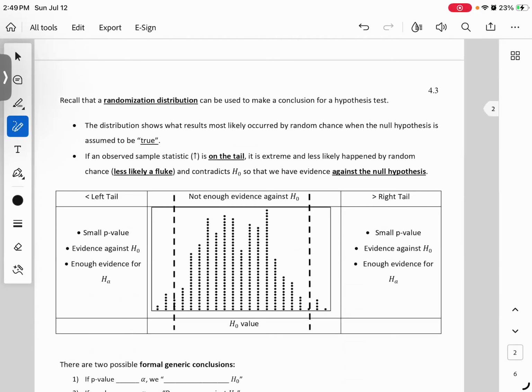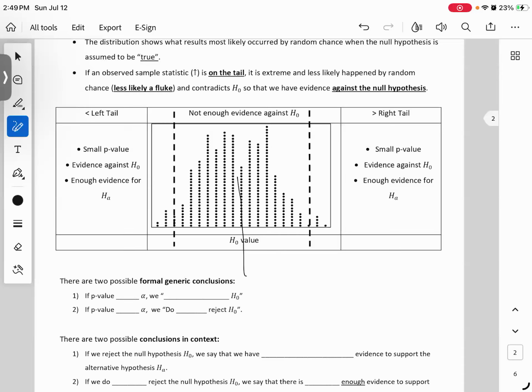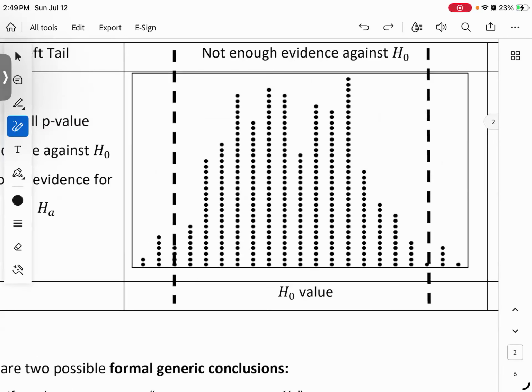Now, for this next part, there's just a small little loose end I want to double check to make sure that we don't miss. And that is going back to the randomization distribution. The whole gist of this is that the null hypothesis is what's going to be sitting in the middle as what we assume to be true, but we're actually hoping that it's not, or that we can find a sample that's maybe way out here or way out here as a contradiction to it, that it's wrong.